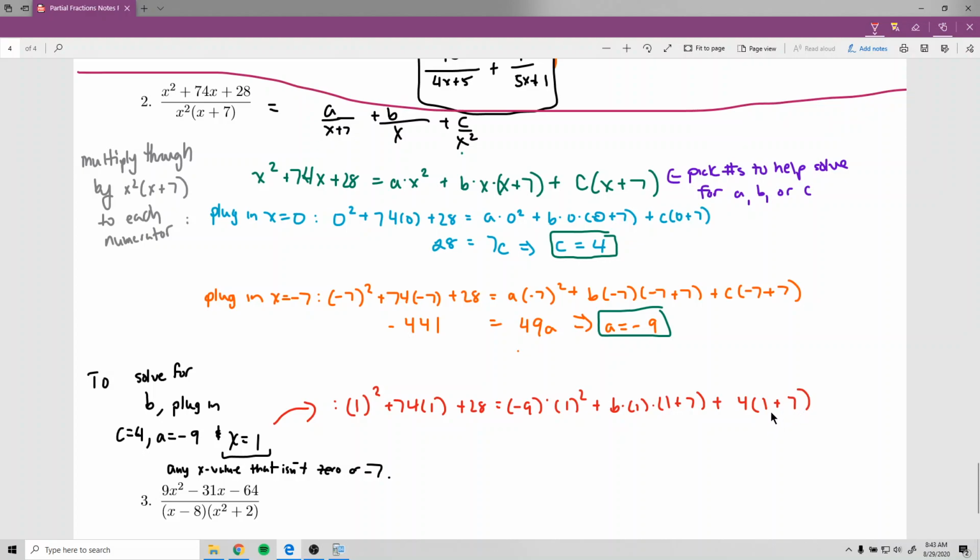You can plug in any number here. B will come out to be the same, but 1 is probably the easiest number to work with besides 0. So that's why I chose it.